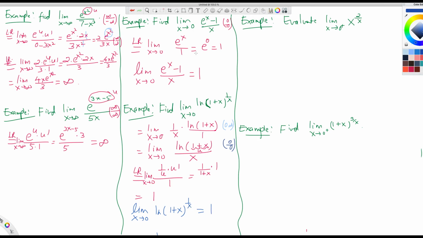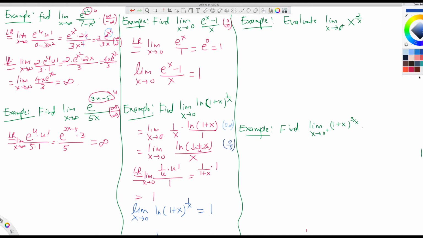Next is an example: evaluate limit x tends to 0 plus of x to the 2 over x. You see that? The base is x. That's okay, but the x is in the exponent too. See, in this example too, 1 plus x to the 3 over x.